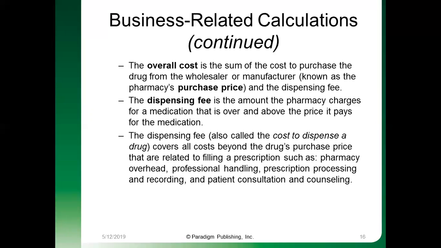The dispensing fee, also called the cost to dispense a drug, covers all the costs beyond the drug's purchasing price that are related to filling prescriptions, such as pharmacy overhead, professional handling, prescription processing and recording, and patient consultation and counseling.